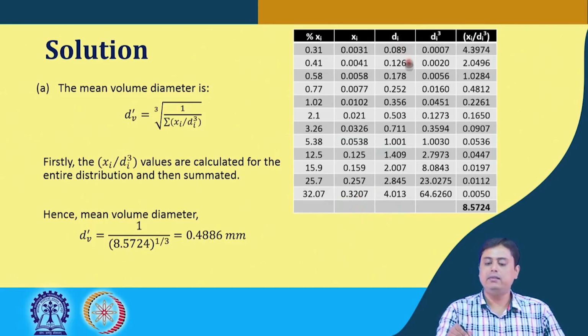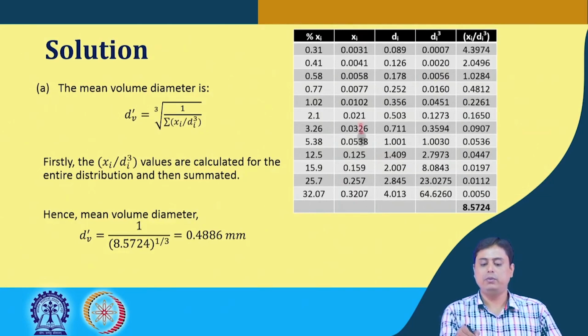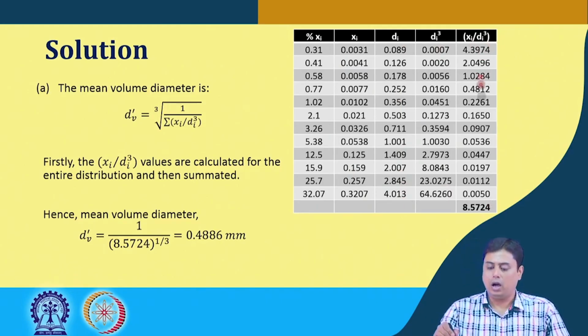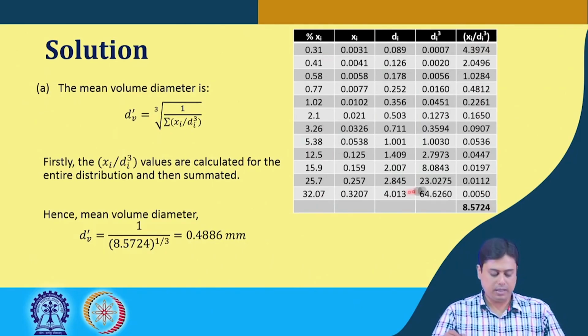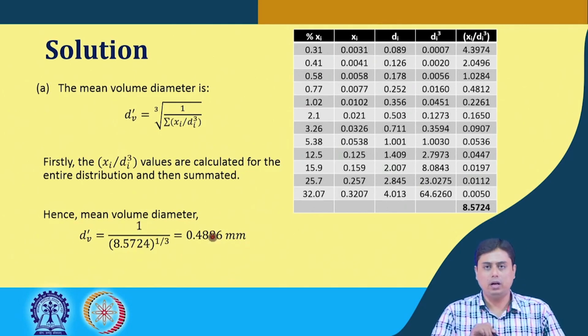The d value is also given in the table. From the x and d values we calculate x by d cube for all the particle sizes, and then sum up this last column, which gives the summation of x_i divided by d_i cube. Putting this value in the expression, we get d'_v, the mean volume diameter, which is the required answer for our case.